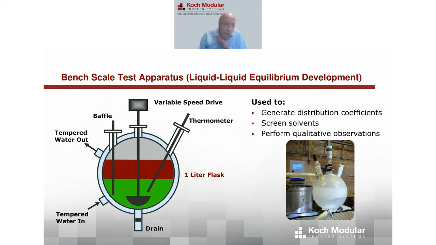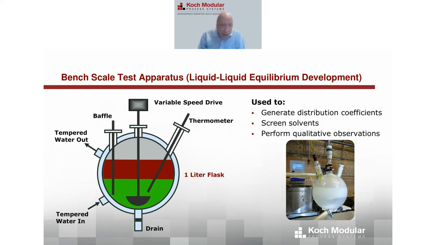We find that for most extraction applications, 2 minutes of high-speed mixing is sufficient to reach equilibrium. You then turn the agitator off, let the phases separate, take a sample of each phase, have it analyzed for your solute, and now you have your distribution coefficient at a specific concentration.